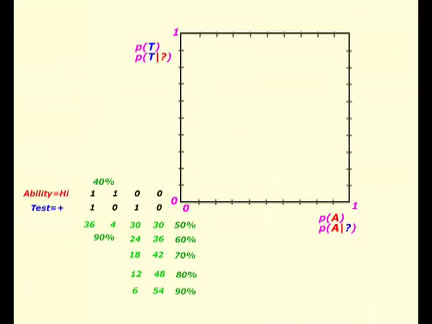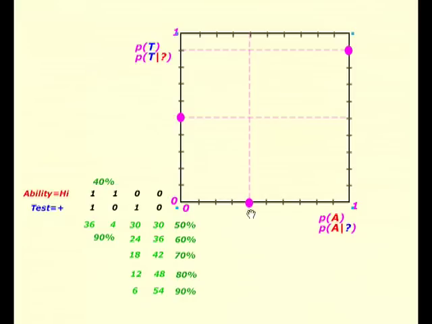Now, the next step here is to put in our information that we started off with from that very first set of numbers, the 36, 4, 30, and 30. And remember what we had is we said there's a 40% chance of people having high ability.